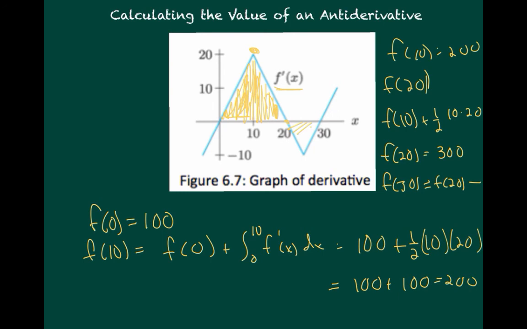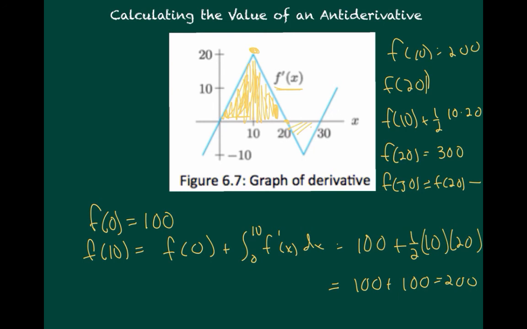So that becomes minus 1/2 the base, 10, times the height of 10. Now, you can either think of adding negative 50 or just subtracting 50. It's the same thing. So we get f of 30 is going to equal 300 minus 50, or 250.